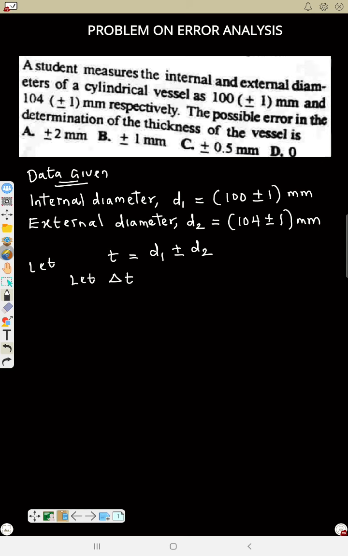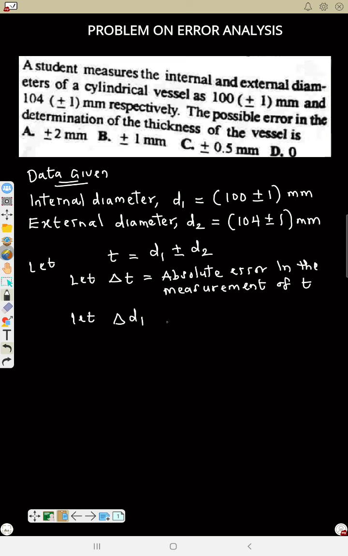So now let delta T be the absolute error in the measurement of T. Now let delta D1 be the absolute error in the measurement of D1.